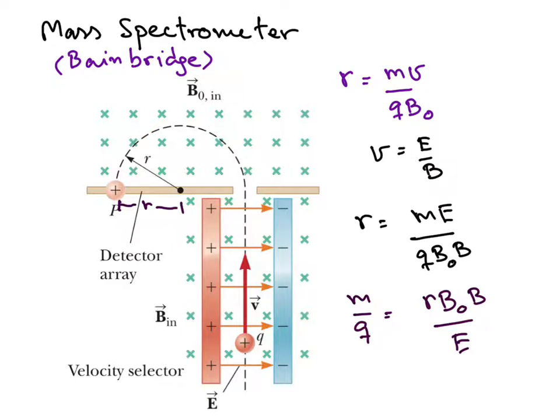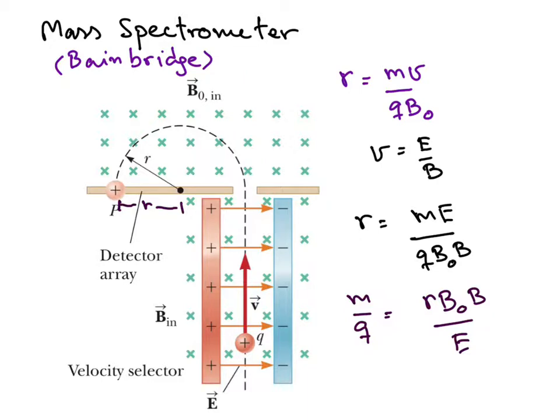So even though we don't know the value of q here, we can calculate the ratio of the masses of the particles that hit the detector by measuring the value of R. A particle that has a large mass will have a large value of R, and a particle that has a small mass will have a small value of R. From the value of R, we can determine the ratio of the masses of the particles, if we know for certain that those particles have the same charge.